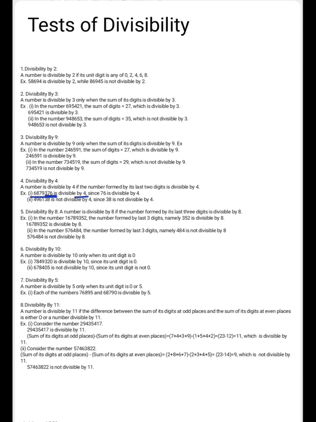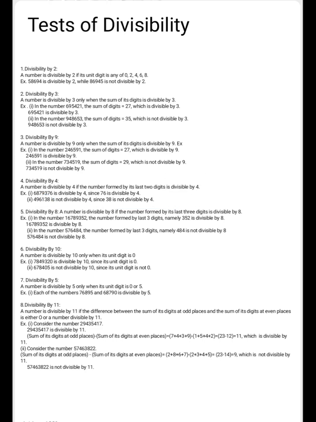So this entire number is divisible by 4. The same with the example 496138: the end digits are 38, which is not divisible by 4, so the number is not divisible by 4.